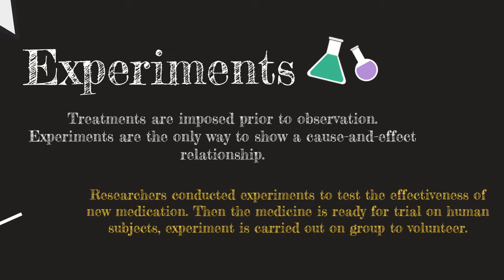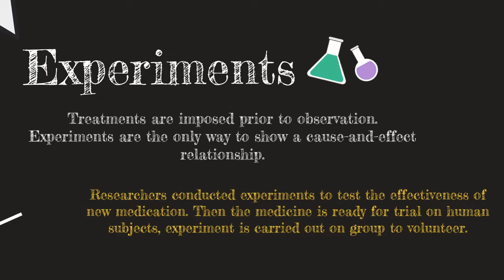It's where you have a situation set up, you have a control group, something that's not being changed, and then you're assigning certain treatments to a group, a sample of your population, and comparing that to your control group and saying what changed. And again, it's the only way to show cause and effect.